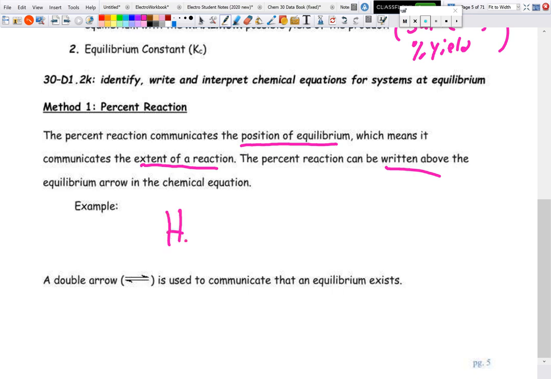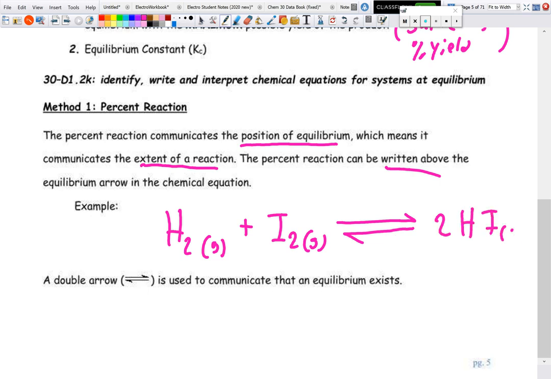For example, going back to one of the previous examples, if we wanted to communicate that 78% of all the reactants reacted to produce HI, we just write the percentage above the arrow. I'm just giving you this percentage. We will find a way to solve this as long as we know how much is being produced, using stoichiometry. But for these, you're just going to see a number written above the arrow.